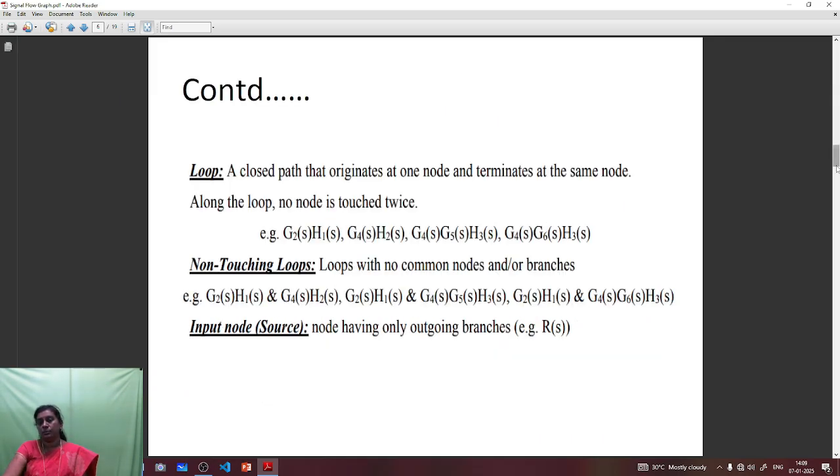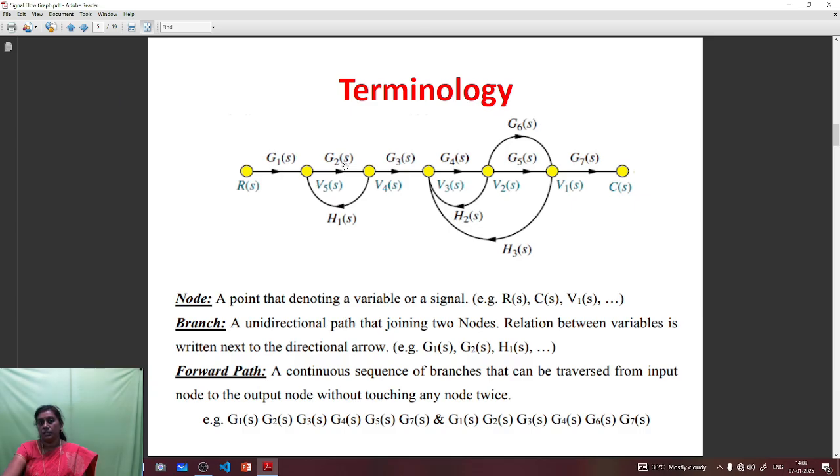Next one is loop. A loop is a closed path that originates at one node and terminates at the same node. See, here this is a node.